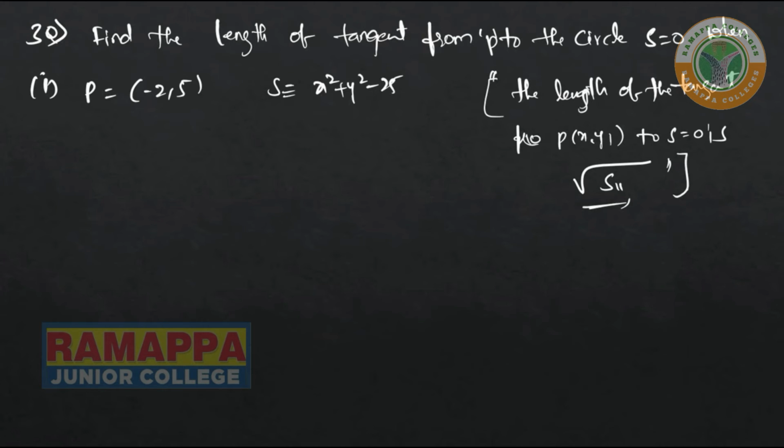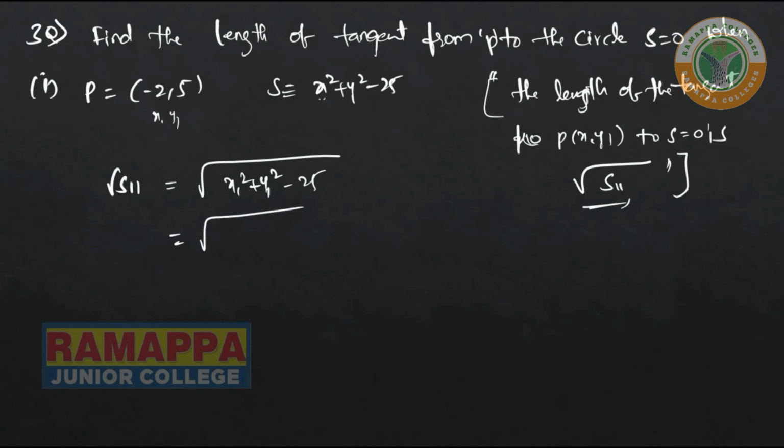So here the first question is to find the length of the tangent from P to the circle S is equal to 0 when these points are given. So here P is equal to x1 comma y1 given and the circle is also given. Now under root of S11 means x1 square plus y1 square minus 25.